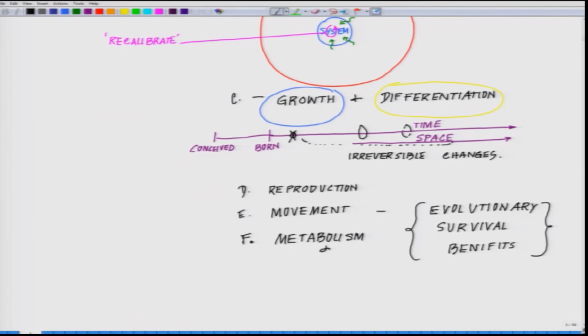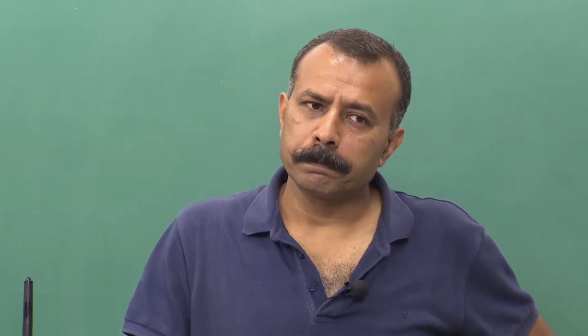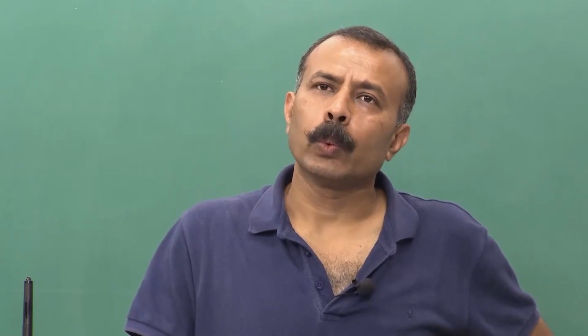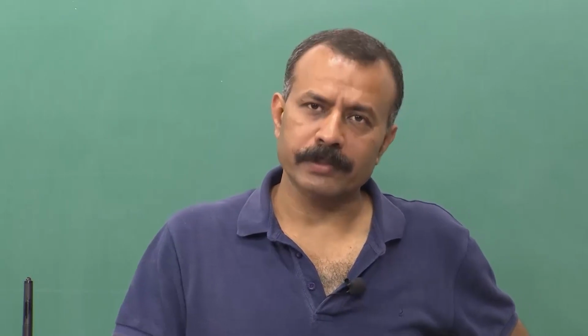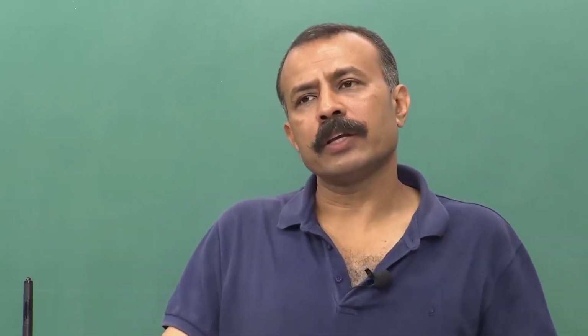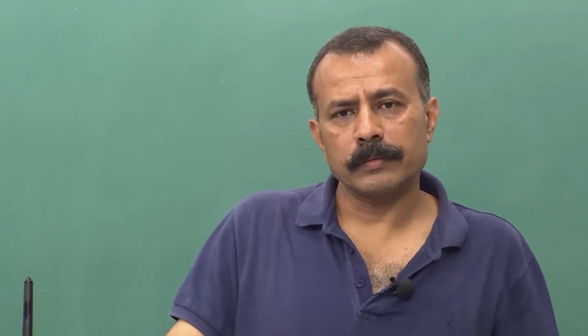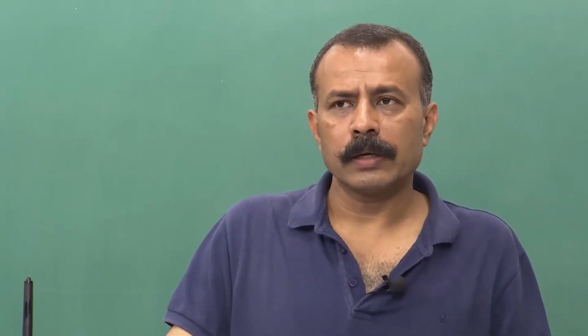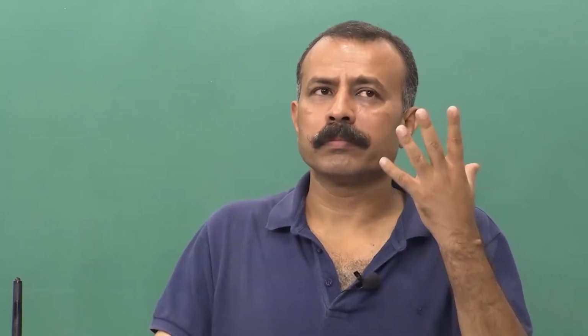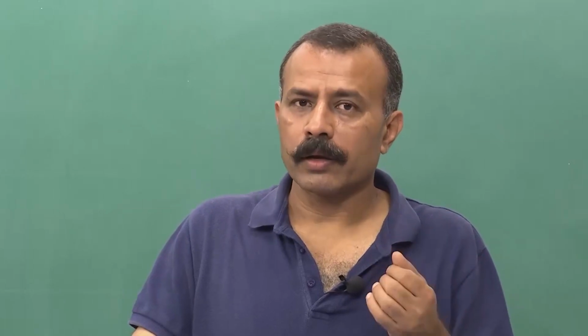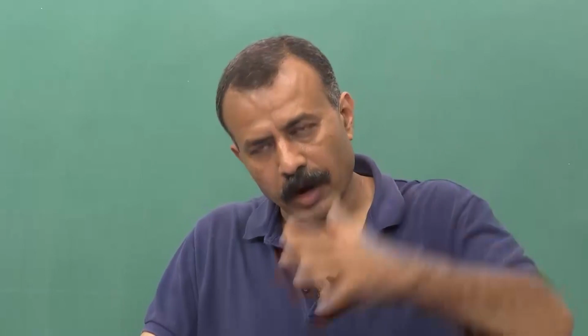Metabolism and excretion. These two are very critical in a sense that a biological system, which is a self-assembled unit of cells and tissues, has the potential to either harvest energy by taking some energy rich molecules, or it can directly harvest solar energy in case of plants.